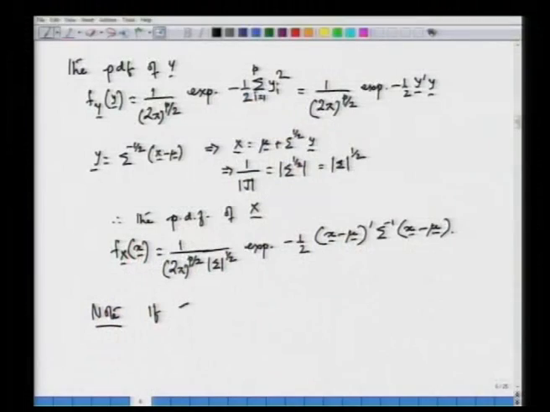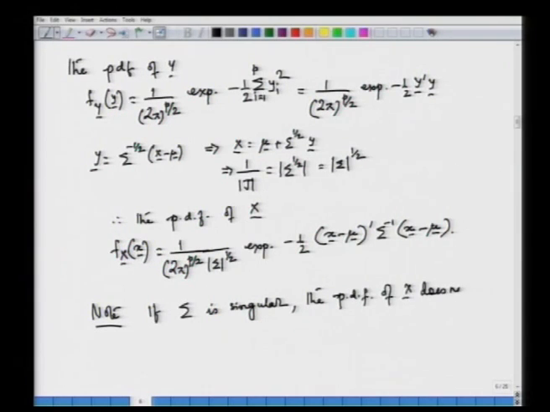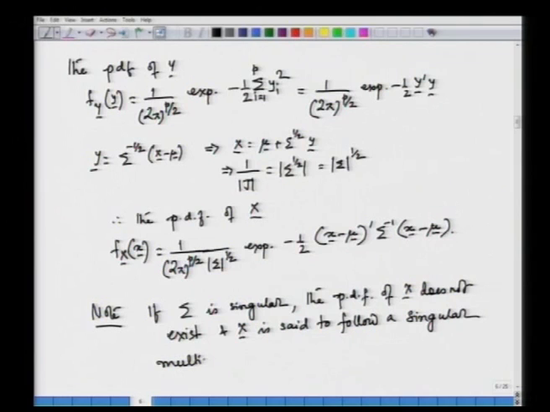So, if sigma is singular, the PDF of x does not exist, very naturally, because sigma inverse does not exist in that case, and x is said to follow a singular multivariate normal distribution.